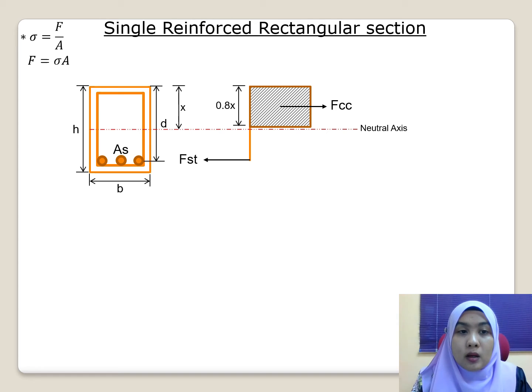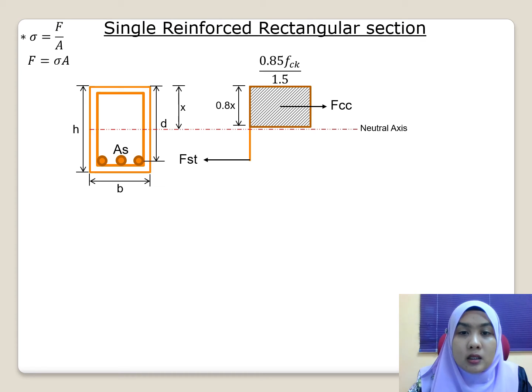Okay, so we can formulate the equation by using the characteristic strength of the concrete. When we design, we only consider the height of the concrete using the effective depth, which we take from the top to the center of tension reinforcement. It means that all the concrete below this is ineffective.